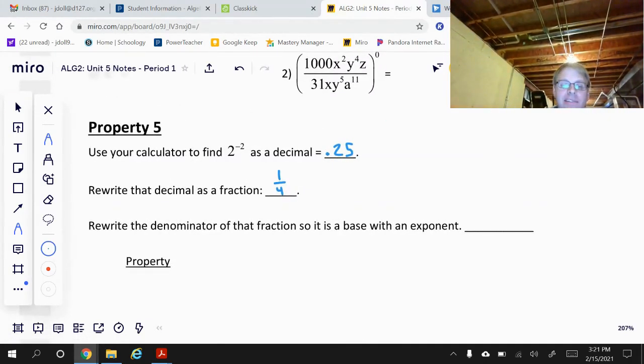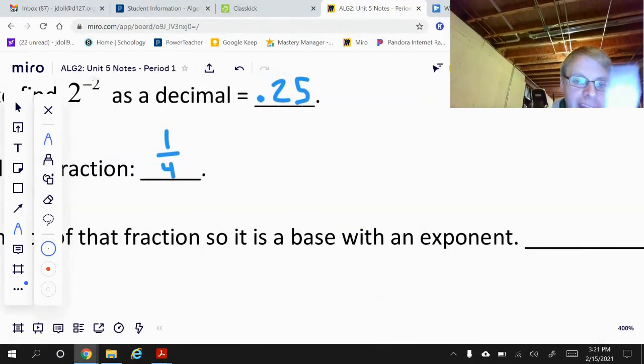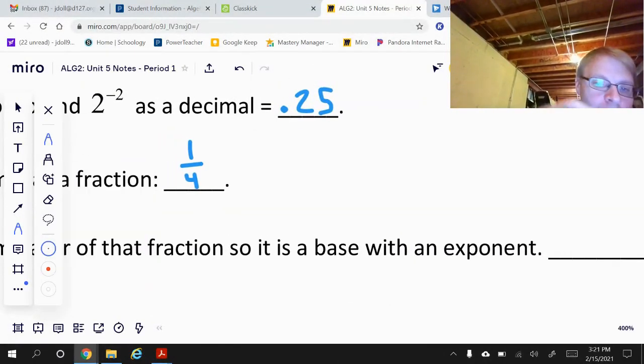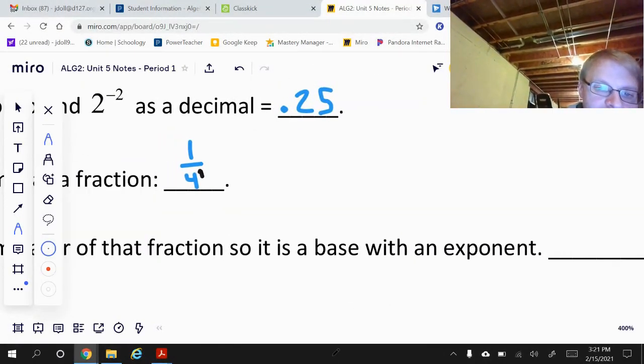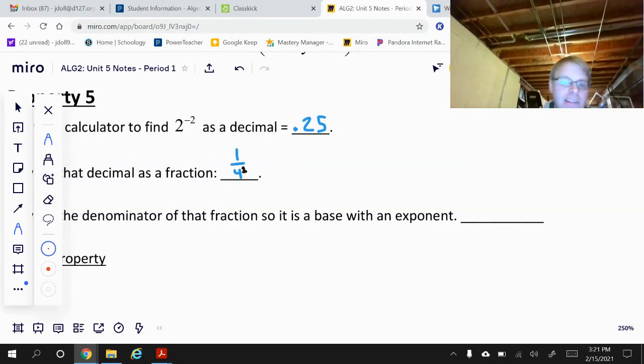All right, the last piece here. Now, this is where it takes some thinking, and we're going to have to problem solve a little bit. We want to rewrite the denominator, that's the 4, of the fraction so that it is a base with an exponent. Now, to be fair, it already is a base with an exponent, right? We already know that 4 actually has a ninja exponent of 1. What we're actually asking you to do is to rewrite that.